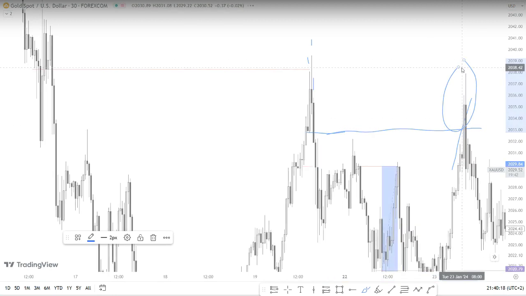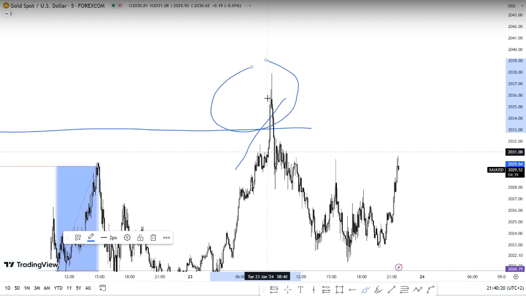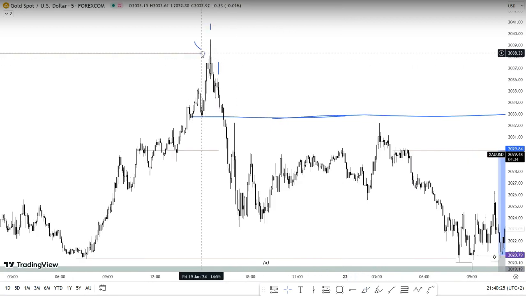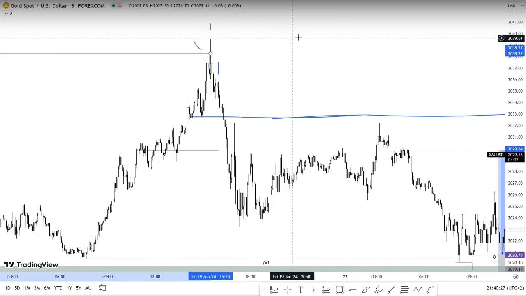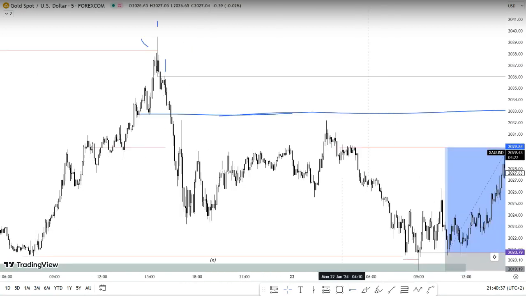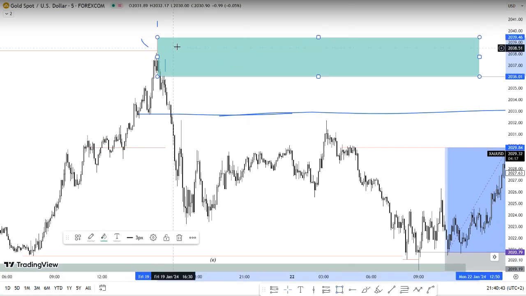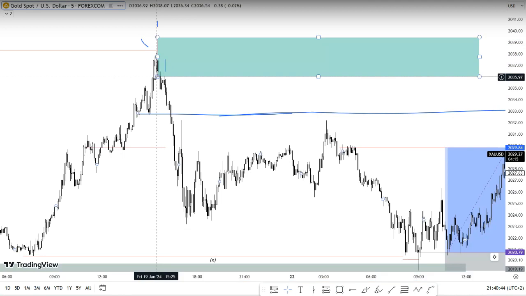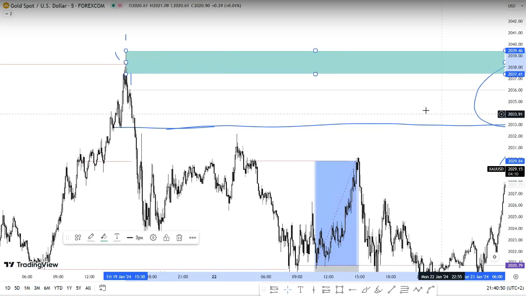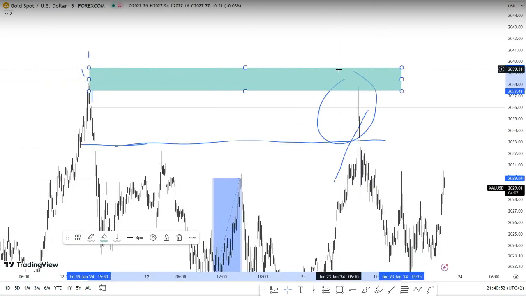And I think even on the M5, it was the same thing. So I'm just going to show you how this is the first, second, third, then break of structure here. I marked it up like this, so I'm not going to touch on it in this video. You could have marked it up like this from the low of this candle or this area of resistance, and you can see that price came back to that area and then sold off, right?